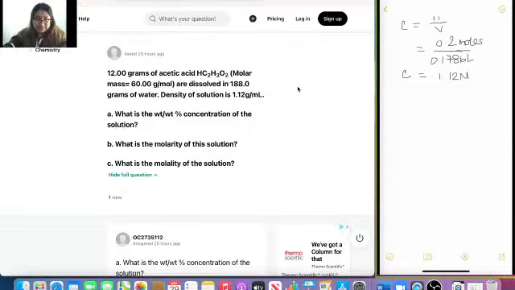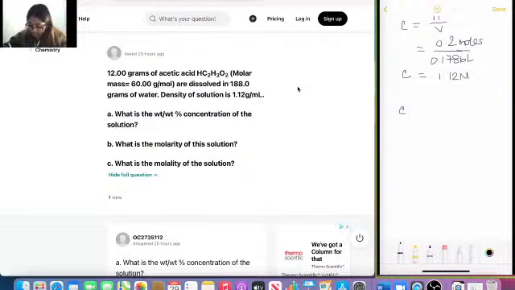And so the last question says, what is the molality of the solution? Molality is the ratio of the number of moles of solute to the mass of the solvent in kilograms.